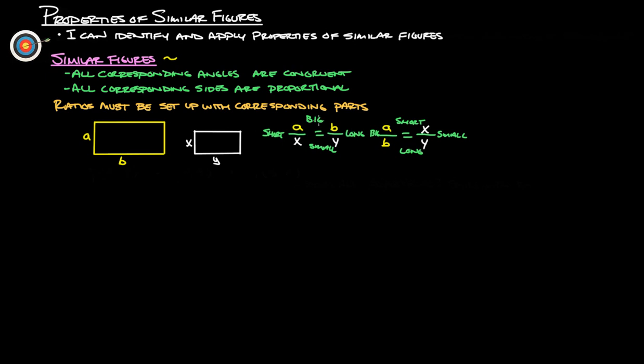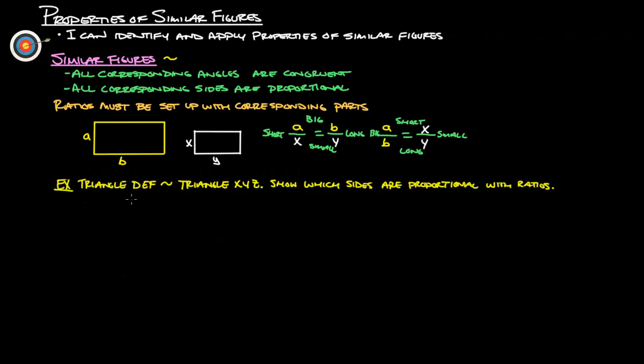So on the big rectangle, the short side is A, and the long side is B. On the small rectangle, the short side is X, and the long side is Y. So that's how you can set it up. Or you can set it up like this too, that's fine. Okay, with that.